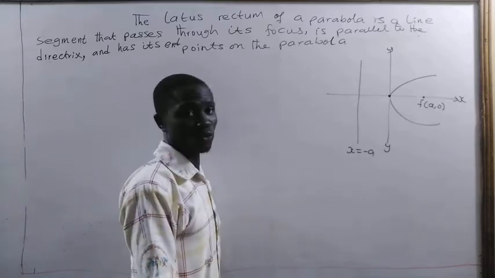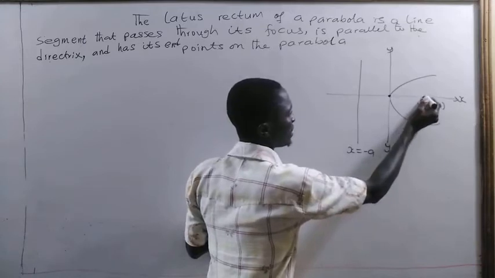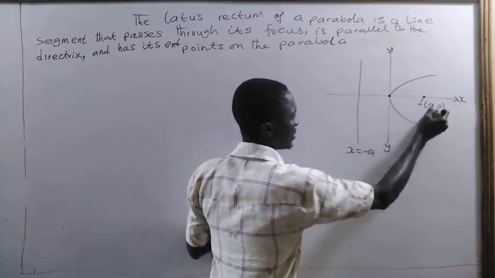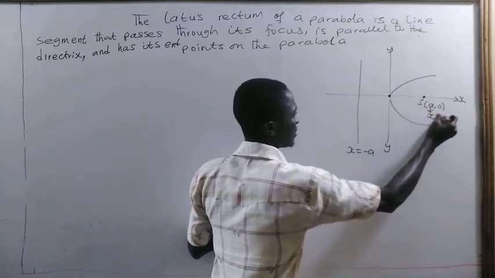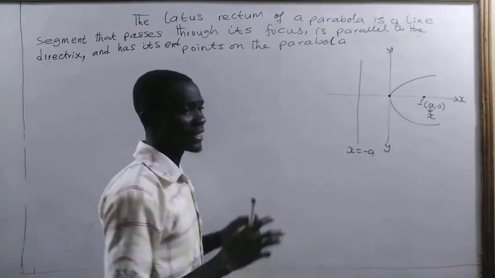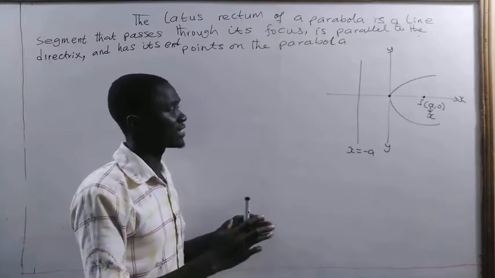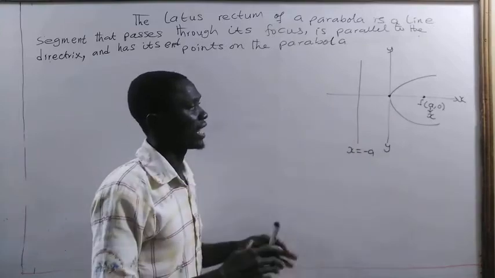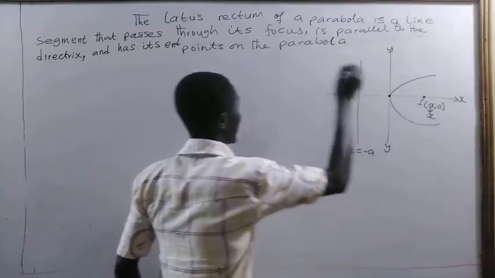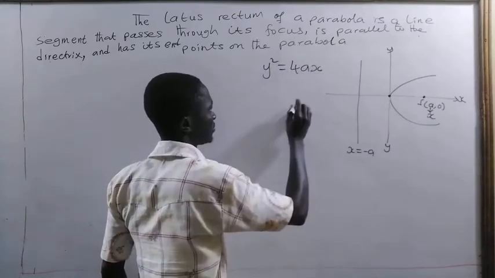So now, let's look at the Latus rectum. If from here to here is a, then it means that the x-coordinate here is a. This a is the x-coordinate. So we are going to take the standard form of the equation of the parabola with its vertex at the origin and the focus on the positive x-axis, and that one is given by y squared equals 4ax.